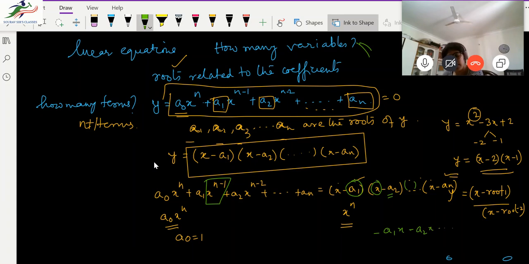And this will go on. So this will be up to minus a n minus 1 x, right? Correct? So, okay, sorry, my mistake. We are doing x to the power n minus 1. So x to the power n minus 1 would be when all these x terms are multiplied except the first one. Sir, I can't hear you.